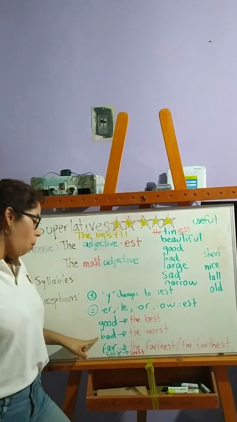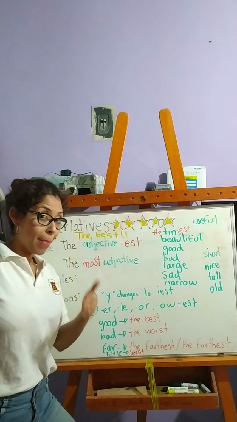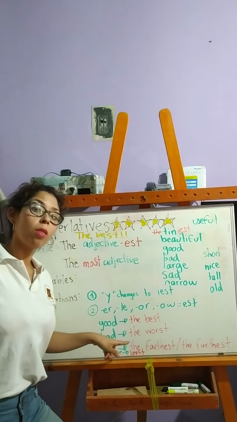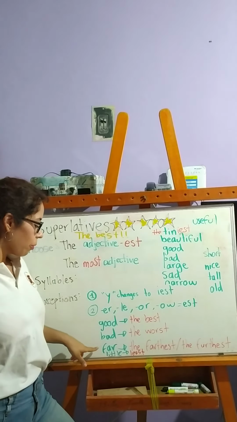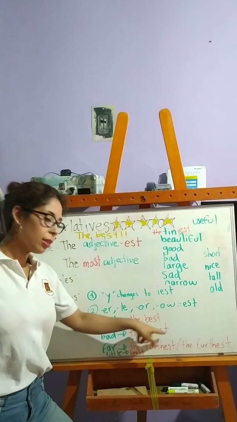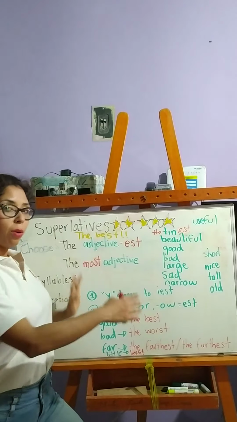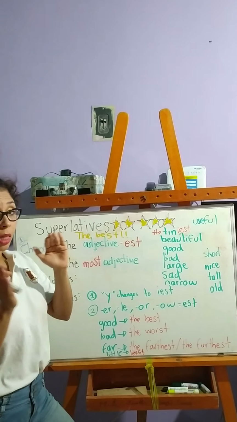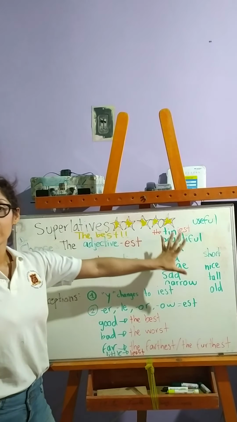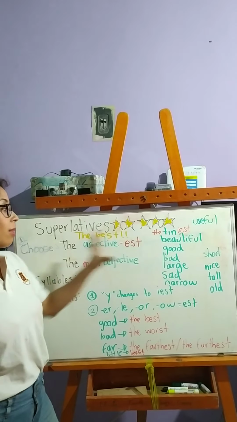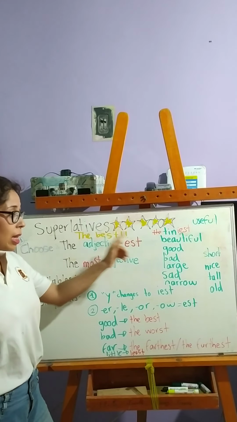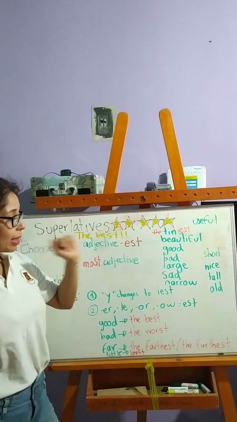Bad changes to the worst. Far, the farthest, and little, least. Those are the only ones that change, but the other adjectives will only be using these rules that I have already told you.